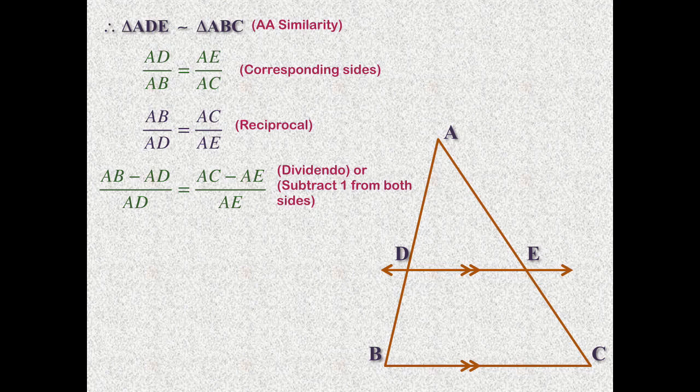From the diagram, it is clear that AB minus AD is BD and AC minus AE is EC. So, we get BD upon AD equals EC upon AE. Again, taking reciprocals of these ratios, we get our required result, AD upon DB equals AE upon EC.